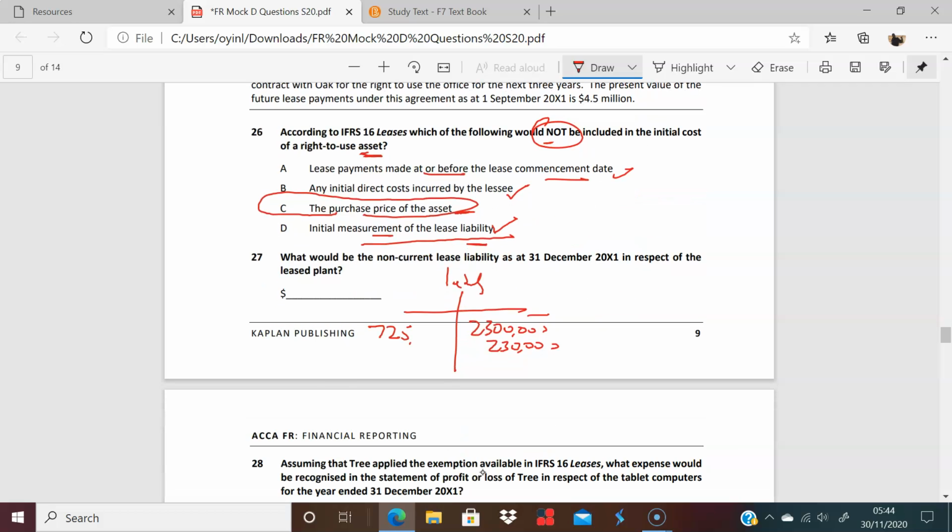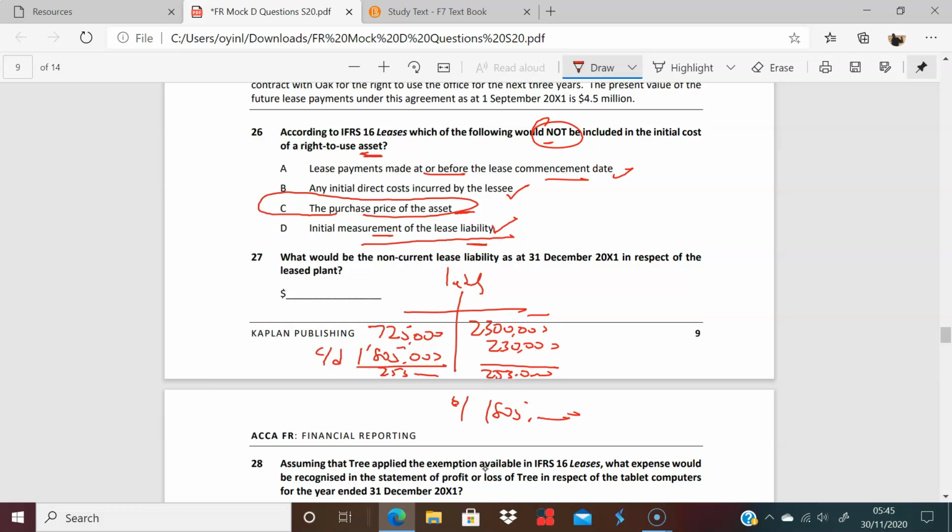It is your classic amortization of a liability. So the question is, what is your carry down figure? After that first year, at the end of that first year, it is 1,805,000. So your brought down is 180,500.